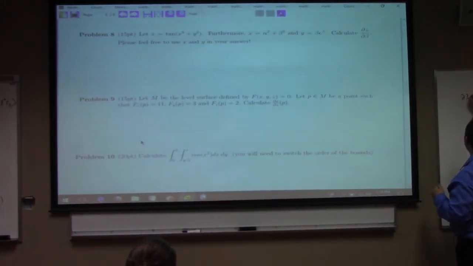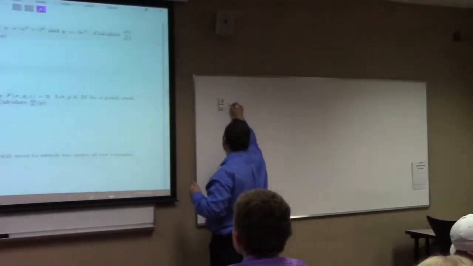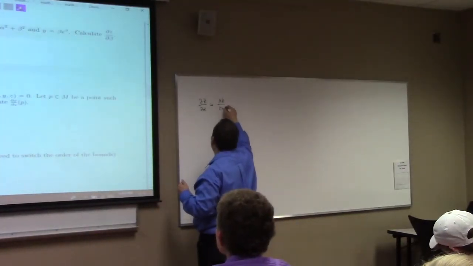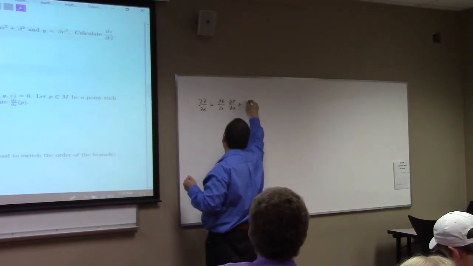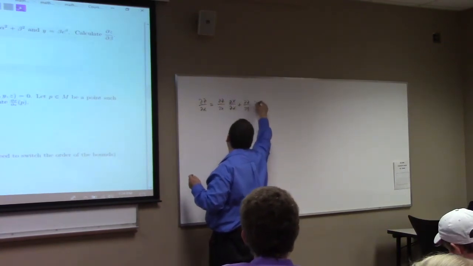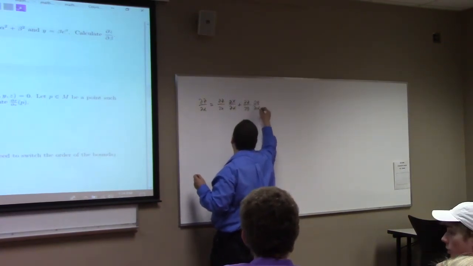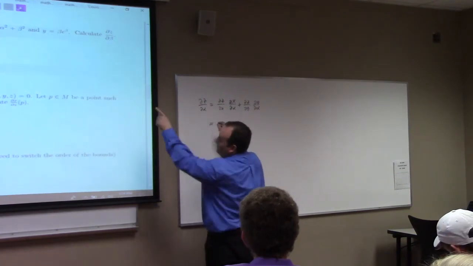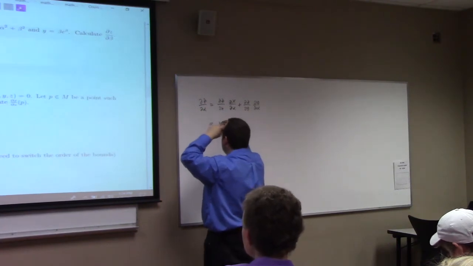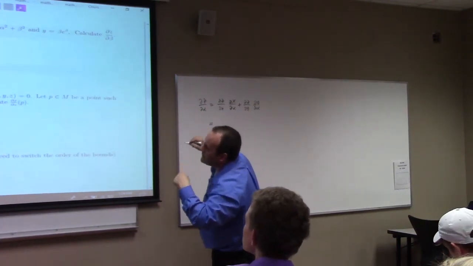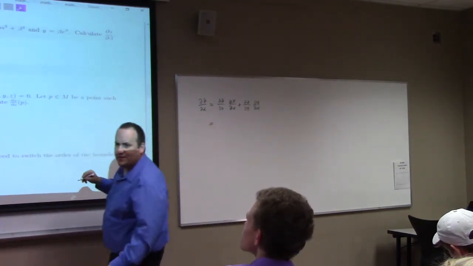So partial z, partial alpha, how does that go? That's partial z, partial x, partial x, partial alpha, plus partial z, partial y, partial y, partial alpha, right? Now partial z, partial x, I get secant squared of x cubed plus y squared, times 3x squared.